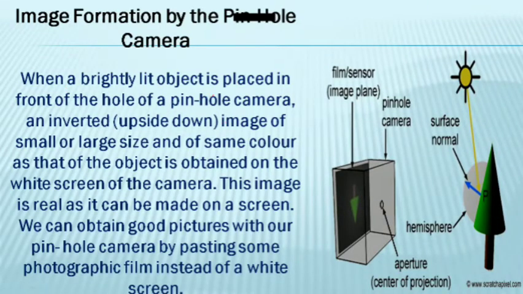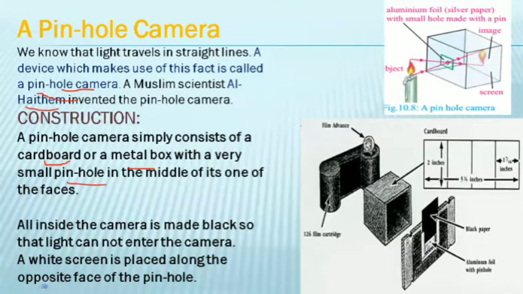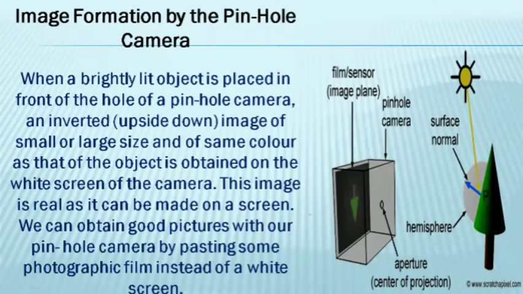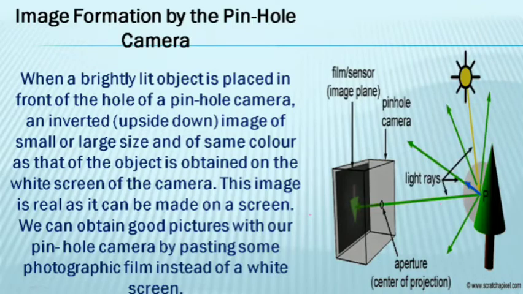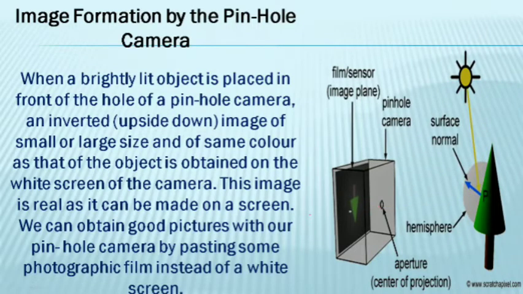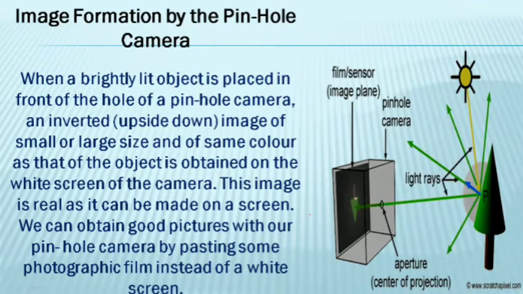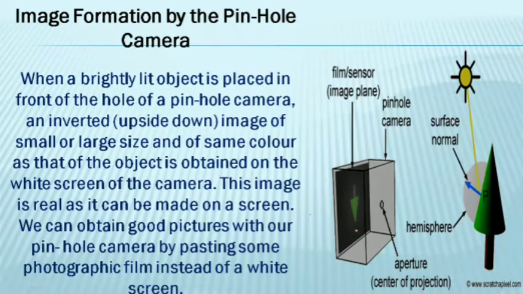When we place a bright lit object in front of the pinhole camera, an inverted, upside down image is formed because light travels through this hole. You can see light striking here and moving through this hole, and it makes the image upside down.